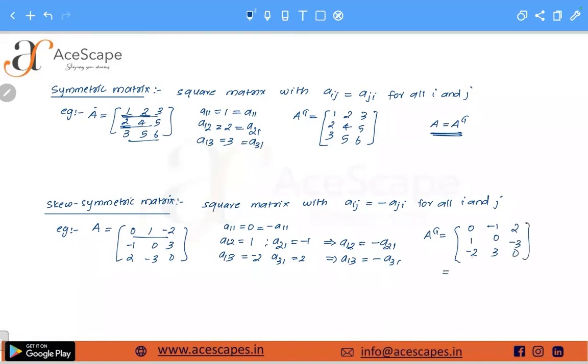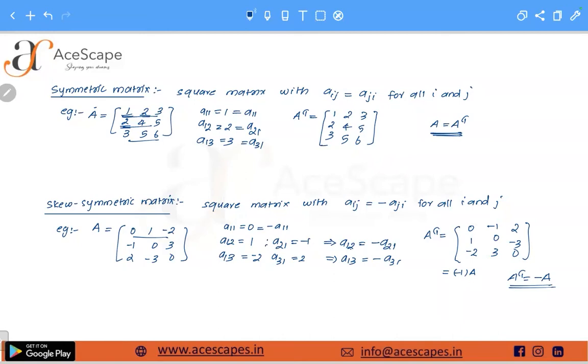If I am taking a negative out of this, or if I am multiplying minus 1 to the matrix A here, we will get this matrix. So A transpose will be negative of A for a skew symmetric matrix. So this is also important. For a symmetric matrix, A transpose will be equal to A, and for a skew symmetric matrix, A transpose will be equal to negative of A.